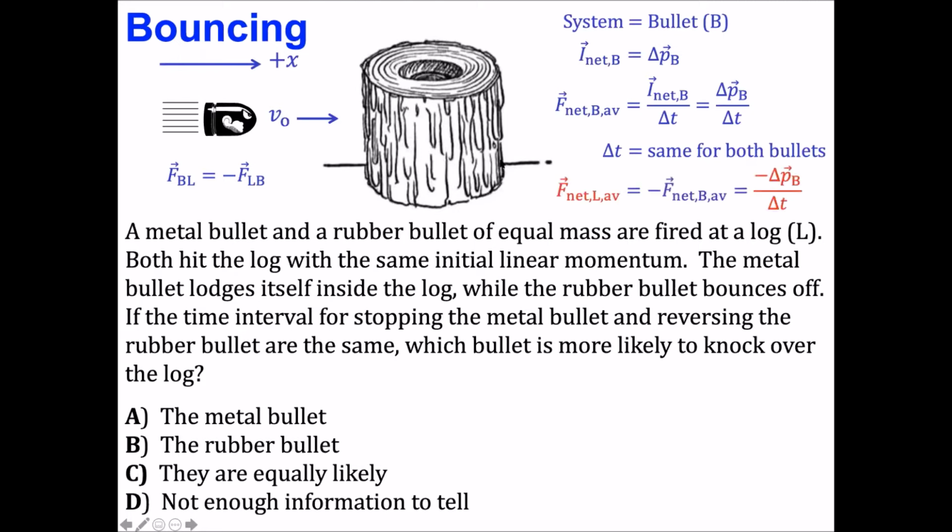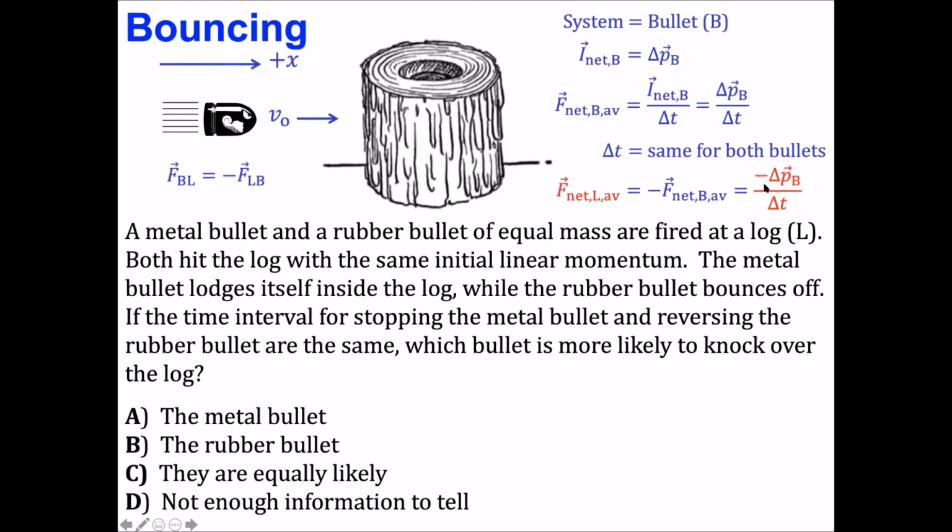What we have an interest in is determining the net average force that the log receives. And that's going to be the same magnitude as the net average force that the bullet receives as it interacts with the log, but in the opposite direction.